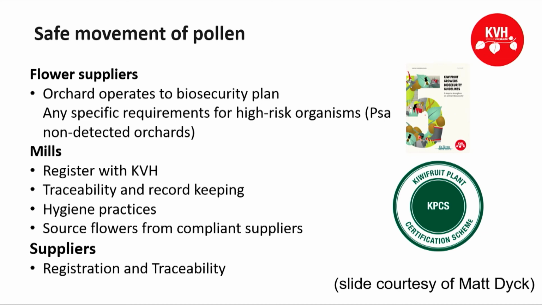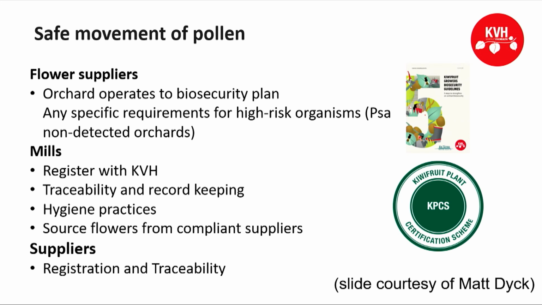So one of the specifications is to continue operating to the biosecurity plan, and if there's any specific requirements for high-risk organisms. So obviously if you're supplying pollen to PSA non-detected orchards, then it's a good idea to source the flowers from PSA non-detected orchards.